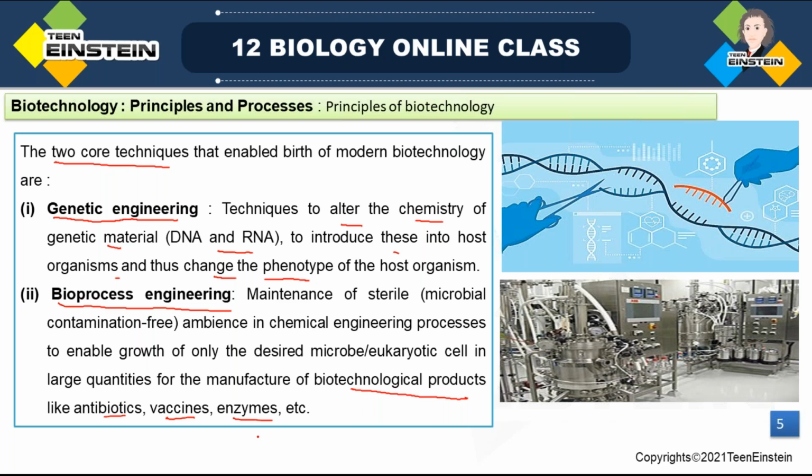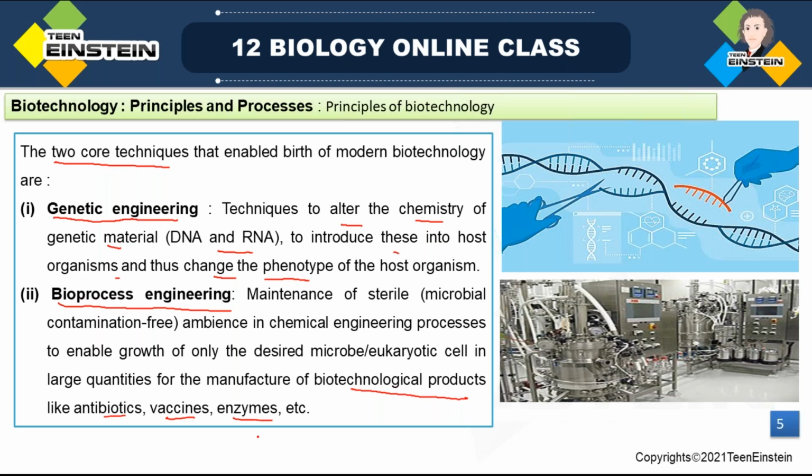There is no contamination. Only a single type of product will be formed, from one type of organism which is grown on a large scale. That will be maintained in large quantities. For what purpose do we need such large quantities of these organisms or microbes? For manufacturing products like antibiotics, vaccines and enzymes, which we need on a large scale, right?